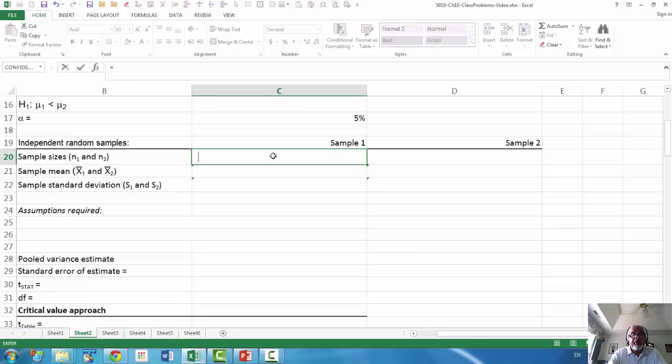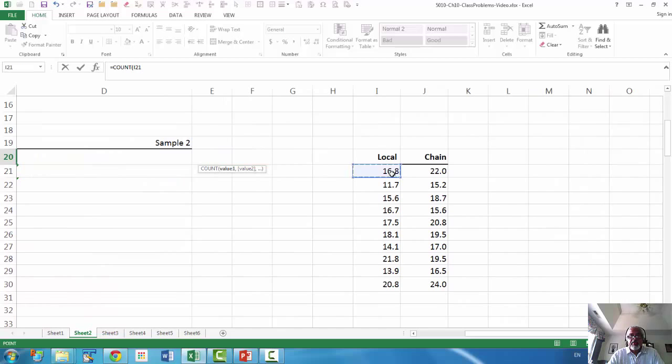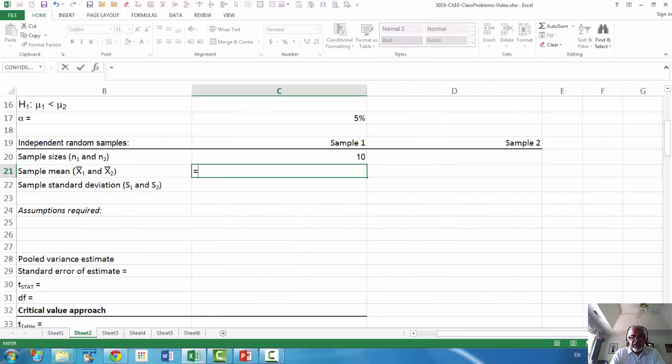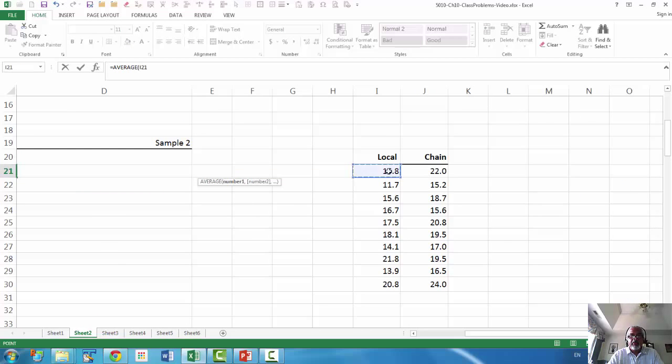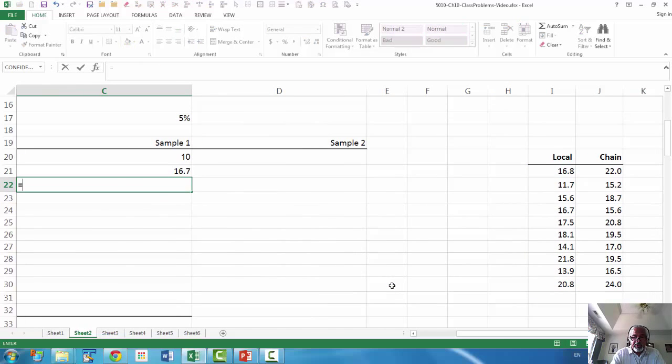Okay, again we set up the count for local, the average for local, and then the standard deviation for local.